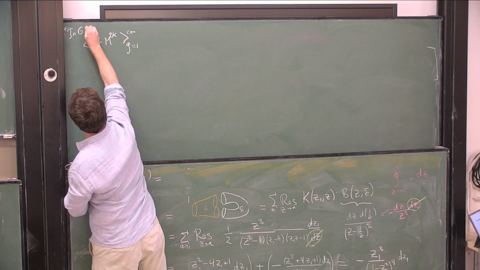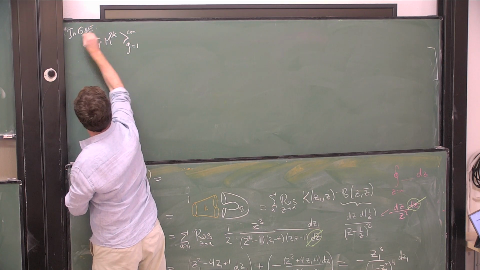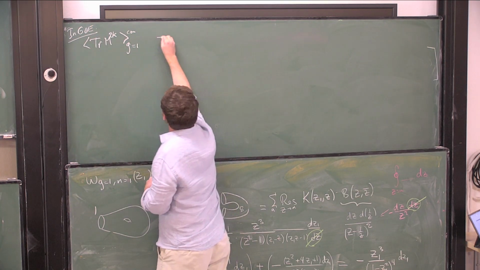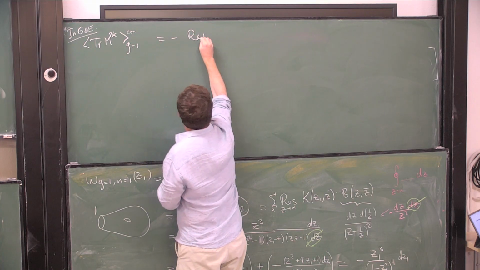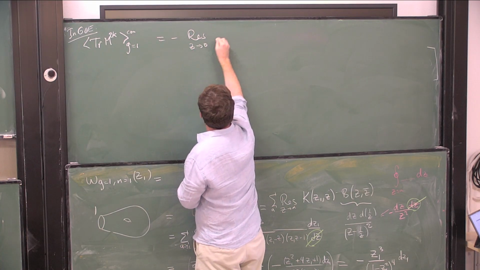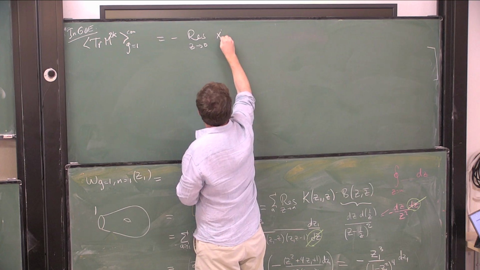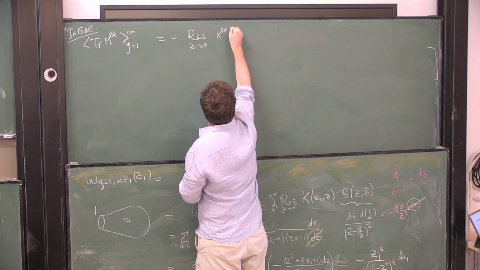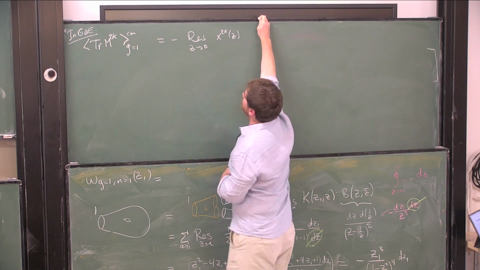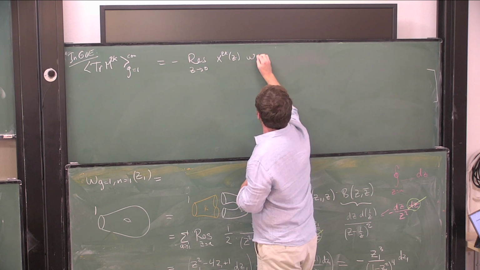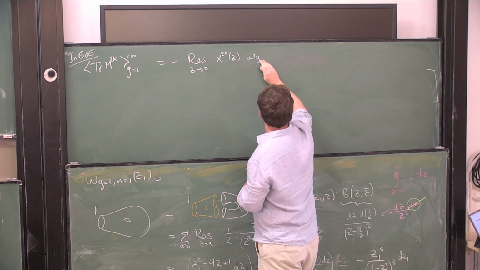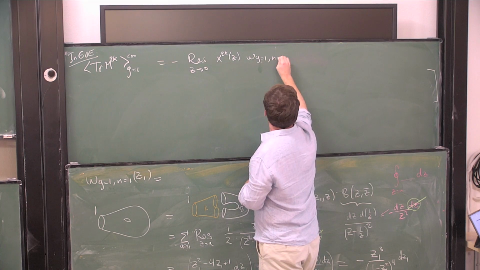The GUE is this Gaussian matrix model. So what do we do? Take minus the residue as z goes to 0 of x to the 2k of z times W_{1,1}, with g equals 1, n equals 1.